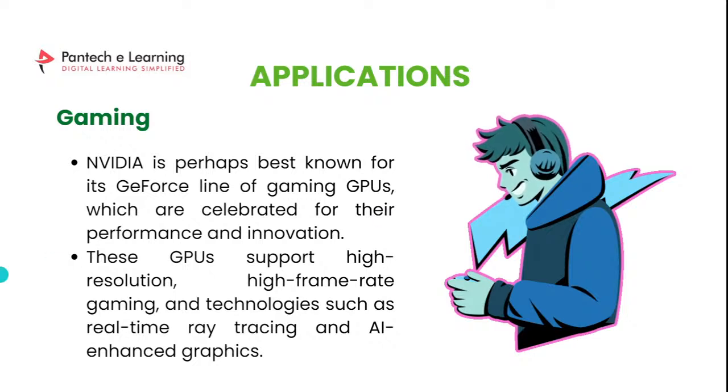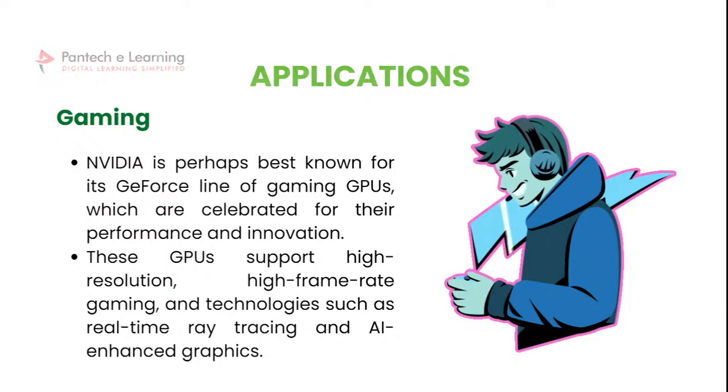These GPUs support high resolution, high frame rate gaming and technologies such as real-time ray tracing and AI enhanced graphics, right? Many of the world's leading gaming laptops and desktop PCs are powered by Nvidia GPUs, making them a central component in the gaming ecosystem.